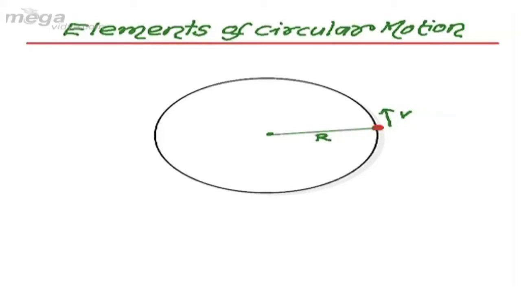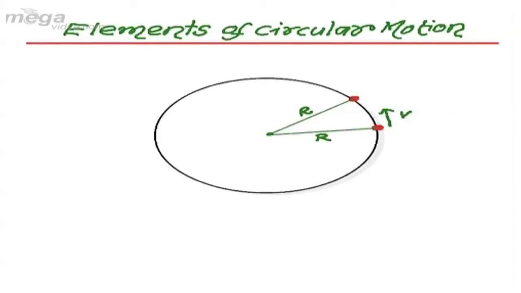Say it is r. During passage of some time, this particle reaches, say, somewhere here. Now, if we draw the new line connecting the center with the particle, then this will be the line. If this is a circle, then obviously this is also a radius.